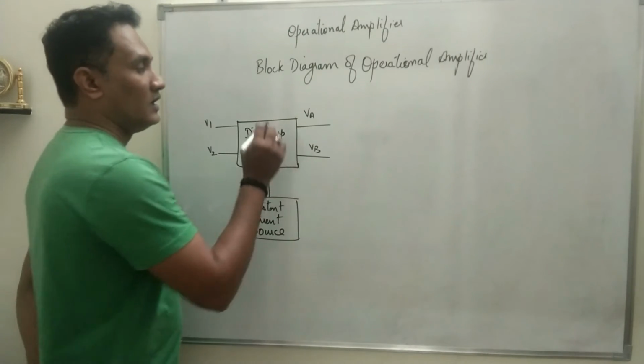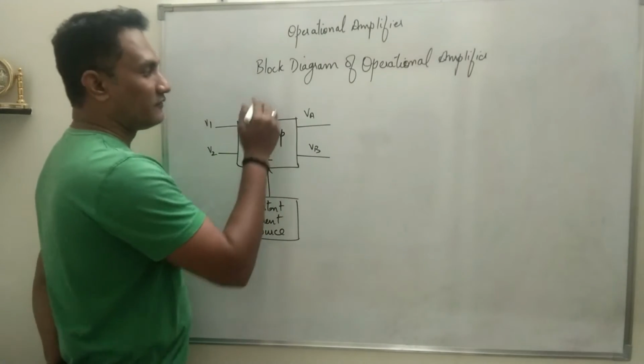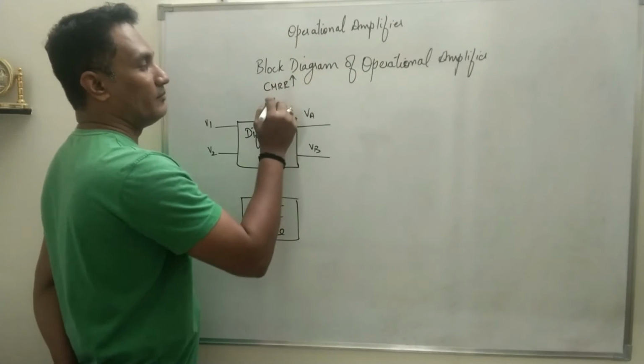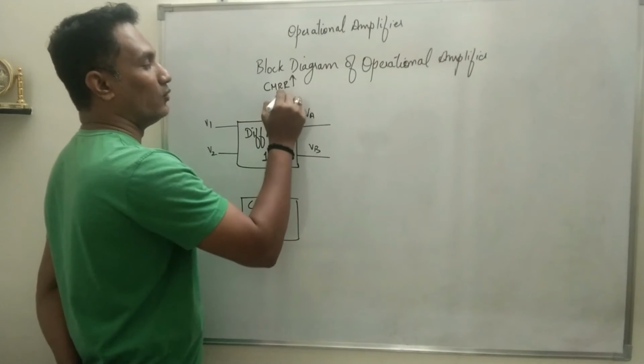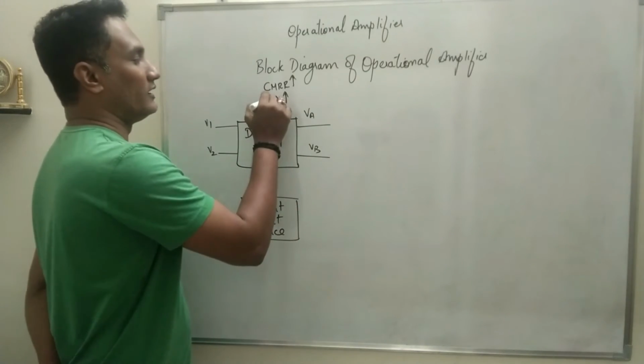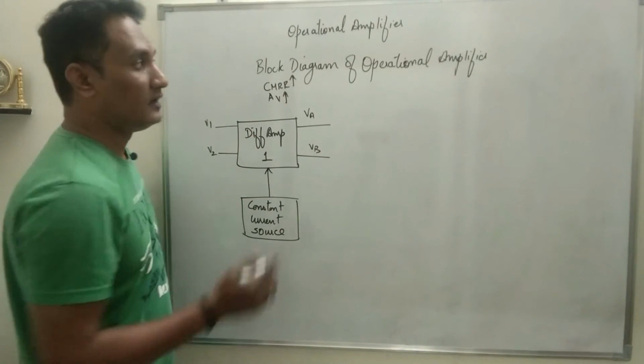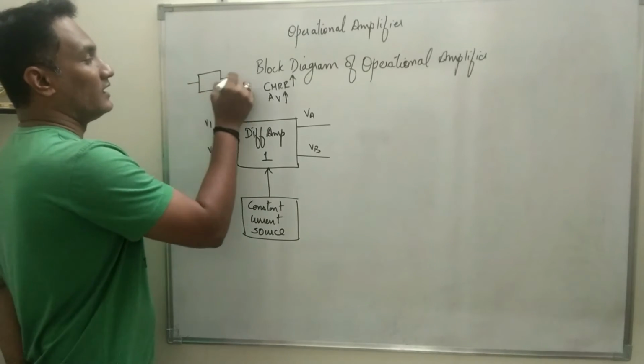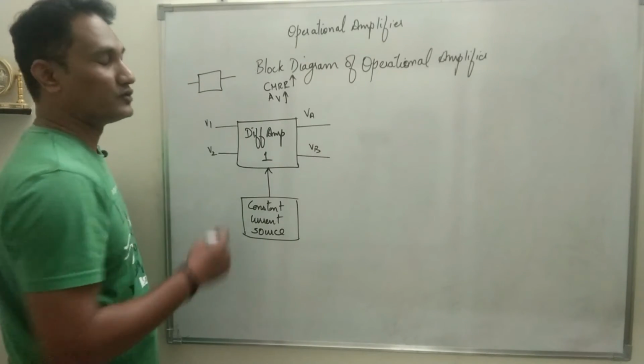Okay, now the advantage of using a differential amplifier is that you get a very high CMRR value and high voltage gain. We will call it AV, voltage gain. As I've already told you, an amplifier is a circuit which amplifies the strength of the input signal at the output.